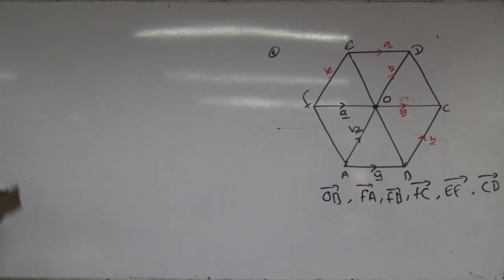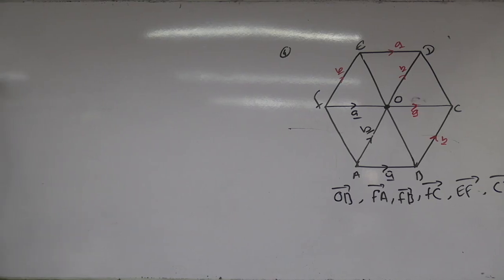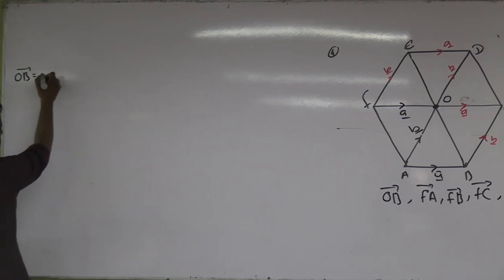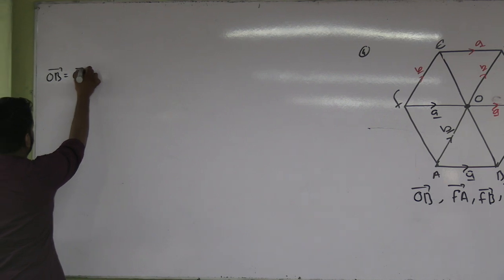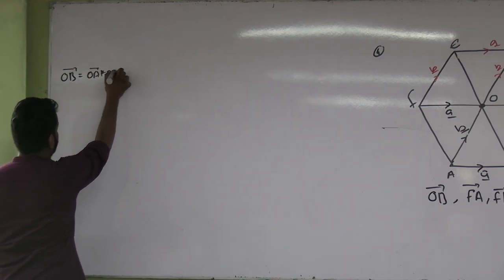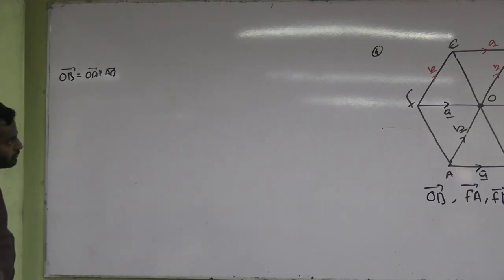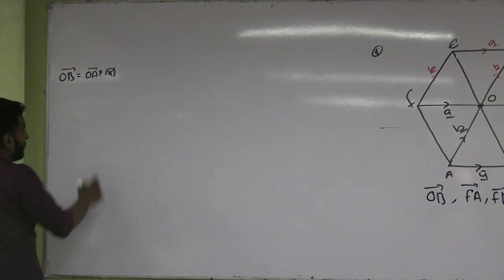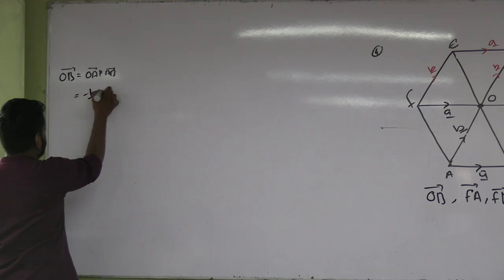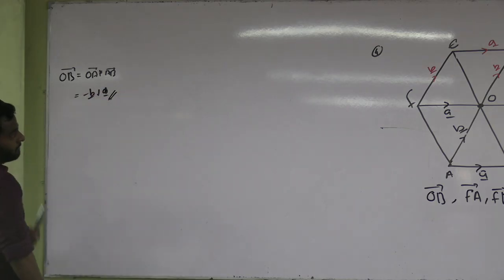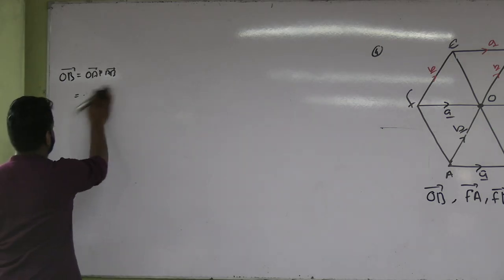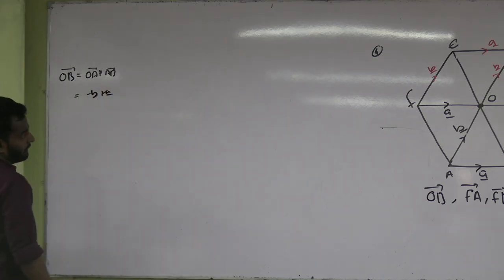Right, I will start from OB. So we can write OB equals OA plus AB. So OA means minus A plus B. So OB is minus B. Right.